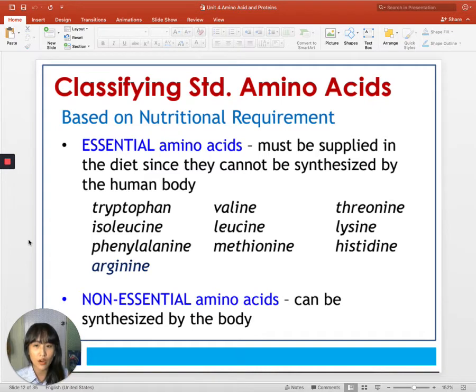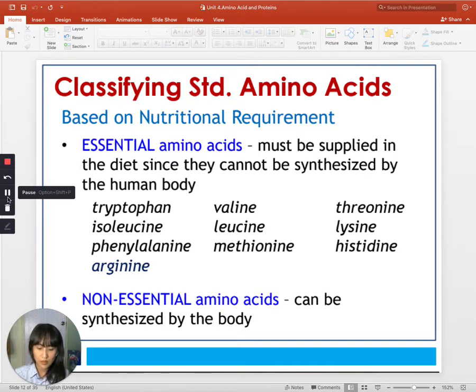Examples of which are tryptophan, isoleucine, phenylalanine, valine, leucine, methionine, threonine, lysine, histidine, and arginine, while non-essential amino acids can be synthesized by the body. Examples of non-essential amino acids are glycine, alanine, proline, serine, asparagine, glutamine, tyrosine, and cysteine.